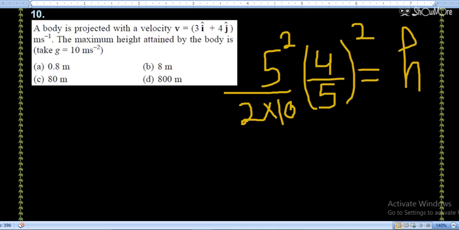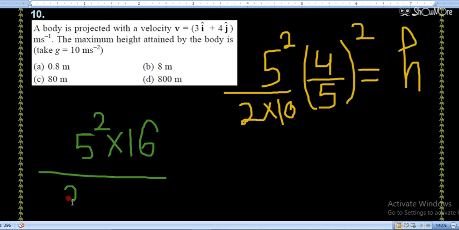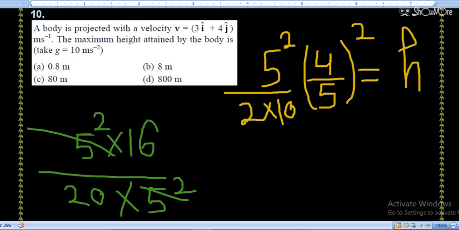Now it will be 5 square into 16, 4 fours are 16, divided by 5 square, and 10 into 2 is 20. So 5 square and 5 square will cancel out, and you will get the height equal to 0.8 meter.